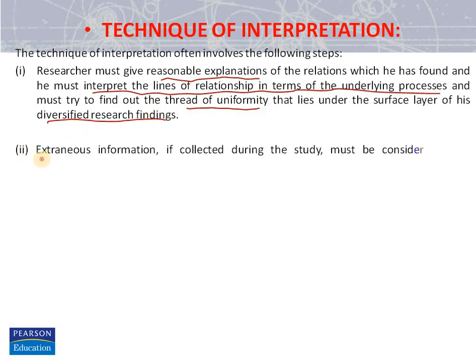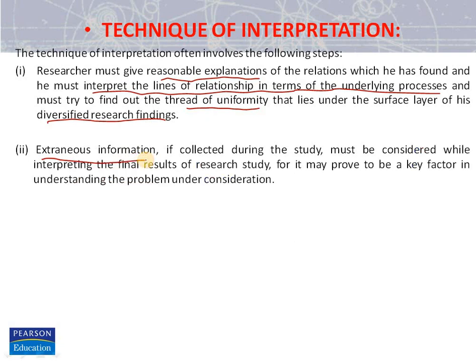Second is any extraneous information. Extraneous information here means, during my initial stage of research, I have defined certain variables, dependent variable, independent variable, but during the course of research, there can be some extraneous variables, some variables which I have not included, but that are important from a research point of view, that can be interpreted, that can be explained, that can be highlighted by the researcher in his interpretation.